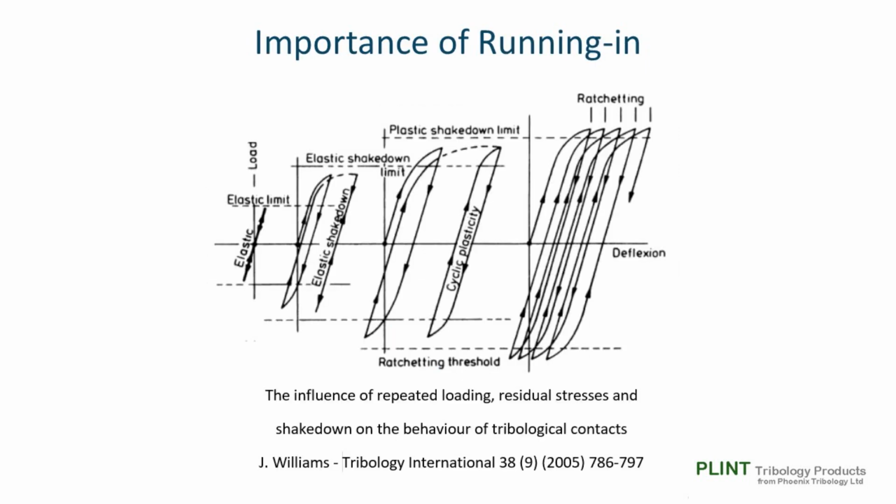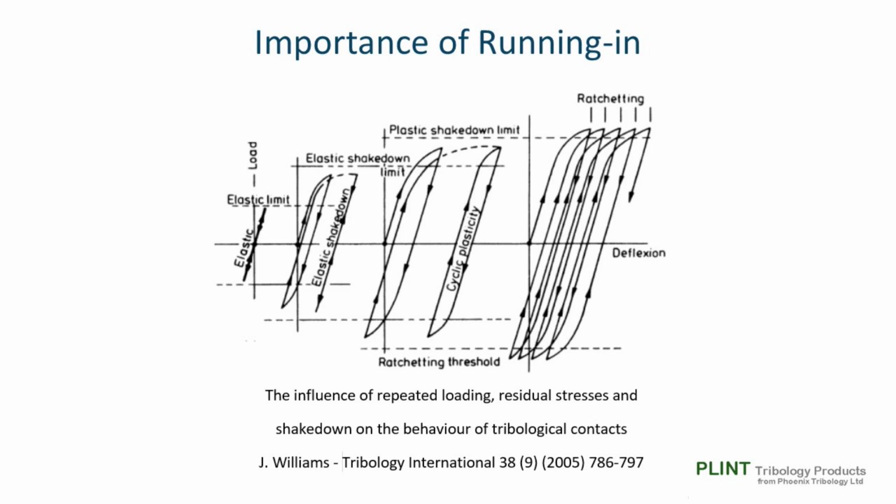Now, let's consider the importance of running in. In rolling contacts and rolling element bearings, shakedown refers to the initial running in stage where, providing the contact pressure is not too high, microplastic deformation and work hardening occurs.